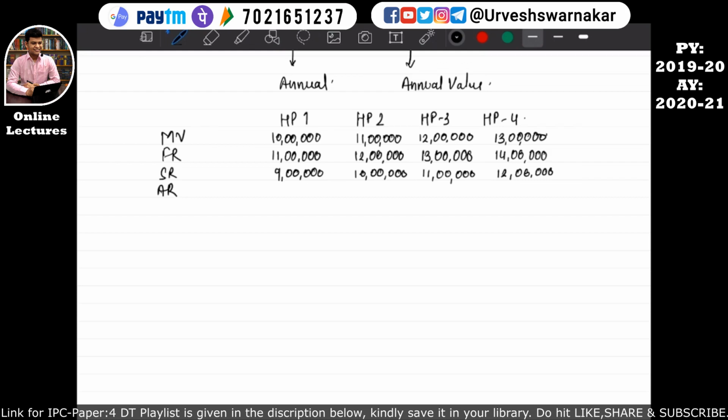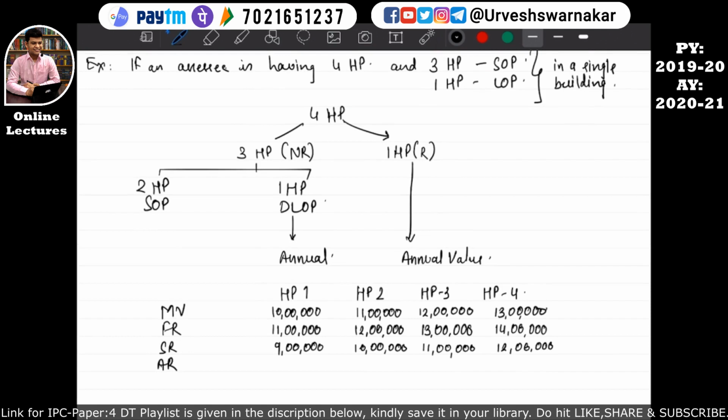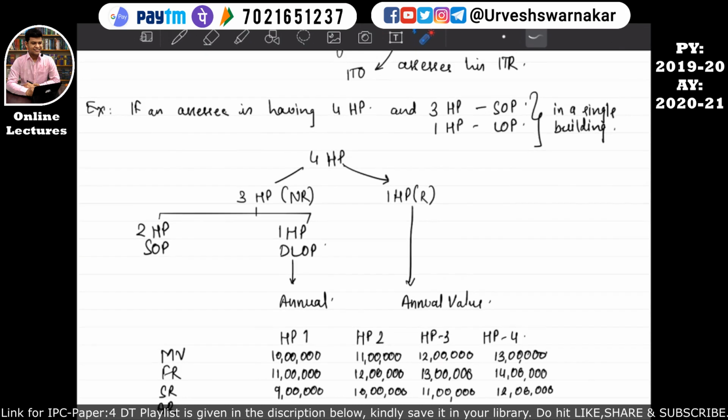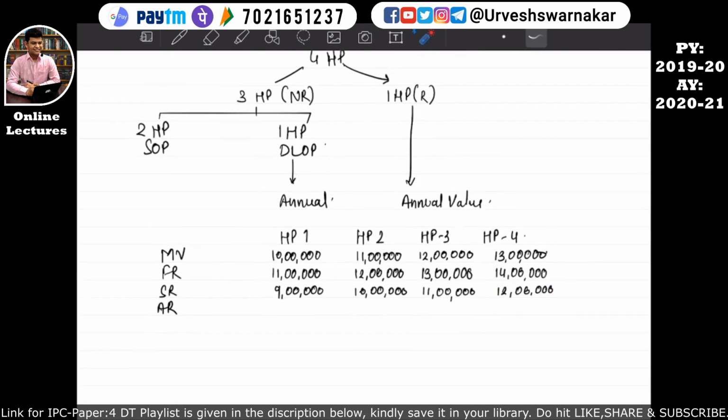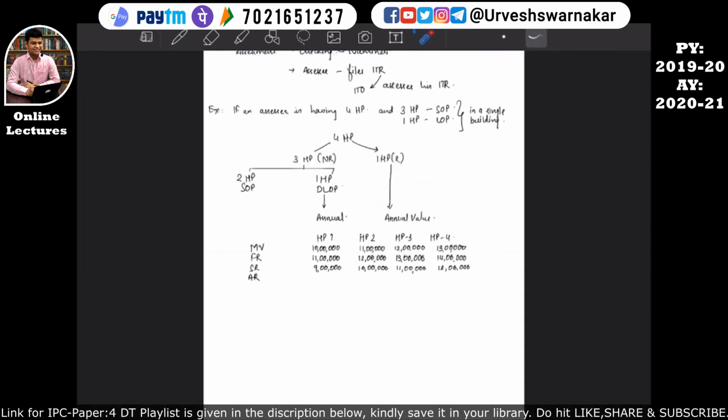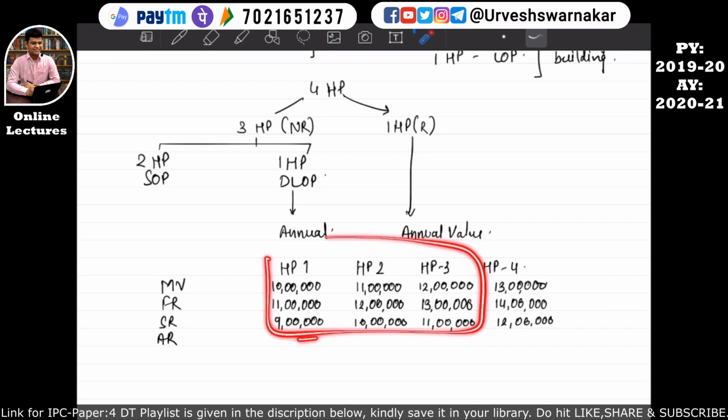So basically our example was, an assessee is having four house properties, out of which three are self-occupied and only one is let out. So house property number 4 we will consider as actually let out. The actual rent will be available only for house property number 4, and for house properties 1, 2 and 3 no actual rent will be available.